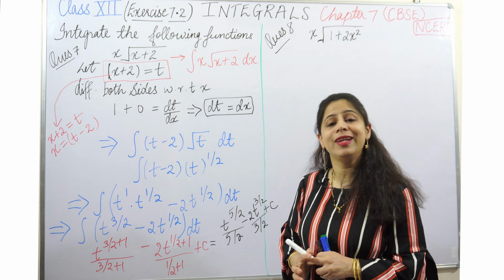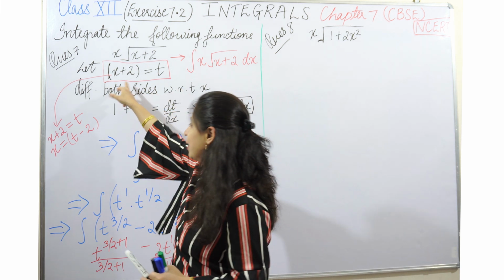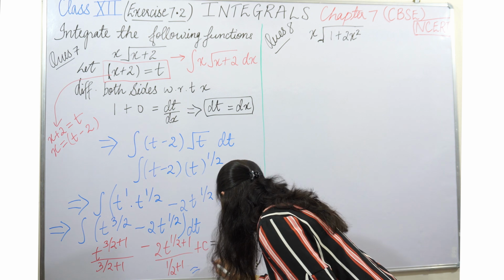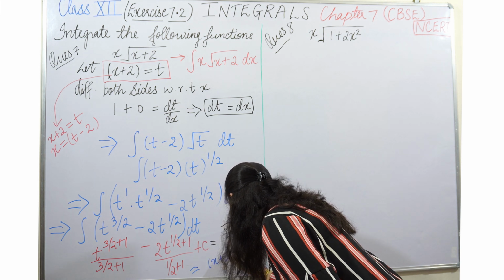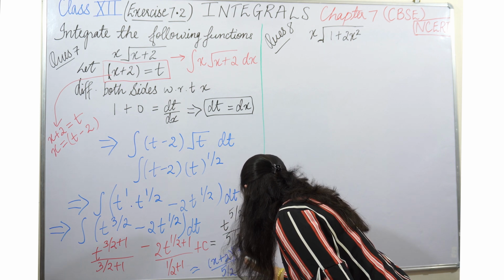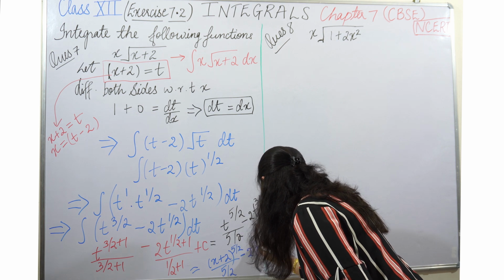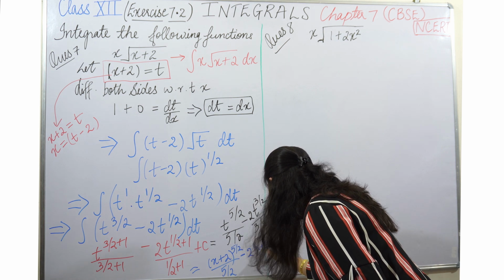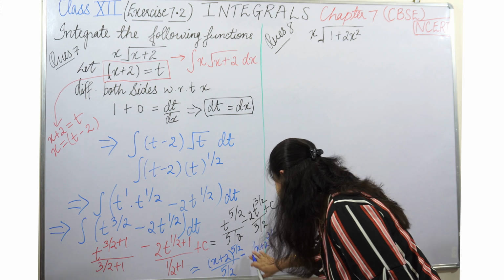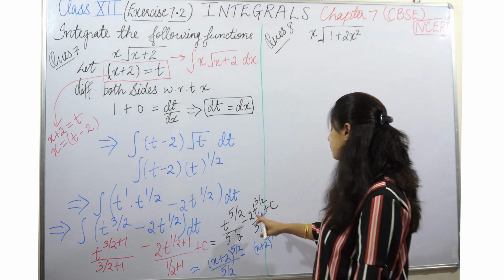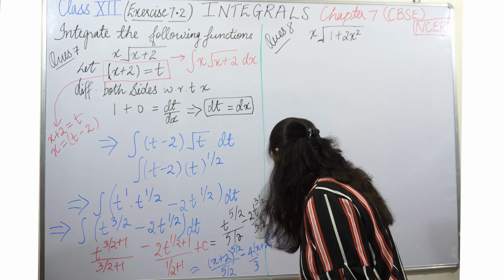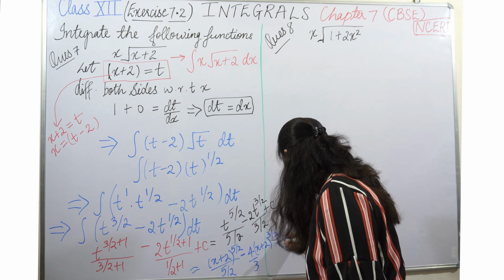Now this cannot be our answer, because the question was asked in the variable x. So we'll resubstitute the value of t as x plus 2. Ultimately our answer will be x plus 2 to the power 5 by 2 upon 5 by 2 minus twice of x plus 2 to the power 3 by 2, and this 2 will go up and get multiplied by the other 2, so it will be 4 by 3, plus c.